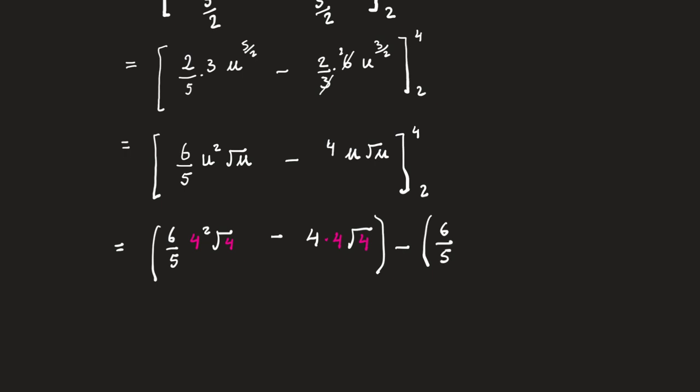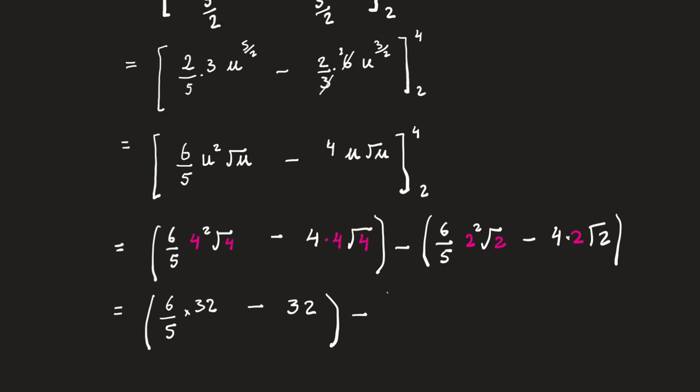So 6 on 5, this time I'm using 2 squared root 2 minus 4 times 2 root 2. Okay, I'll try to go faster. 4 squared is 16 times 2 is 32, minus 2 times 4 times 4 is 16 times 2, that's also 32.